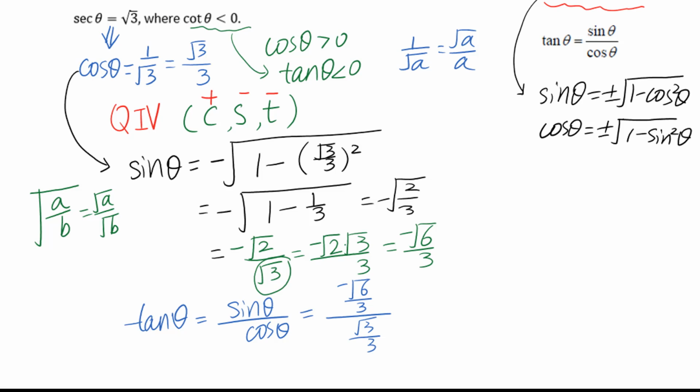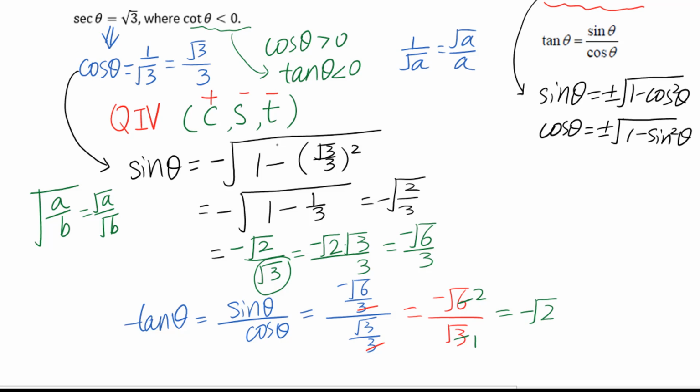Since this is a complex fraction, the same denominator will be reduced. So you get negative square root of 6 over square root of 3. Since both are in the square root, we can reduce. This is 1, here is 2. So you get the negative square root of 2.